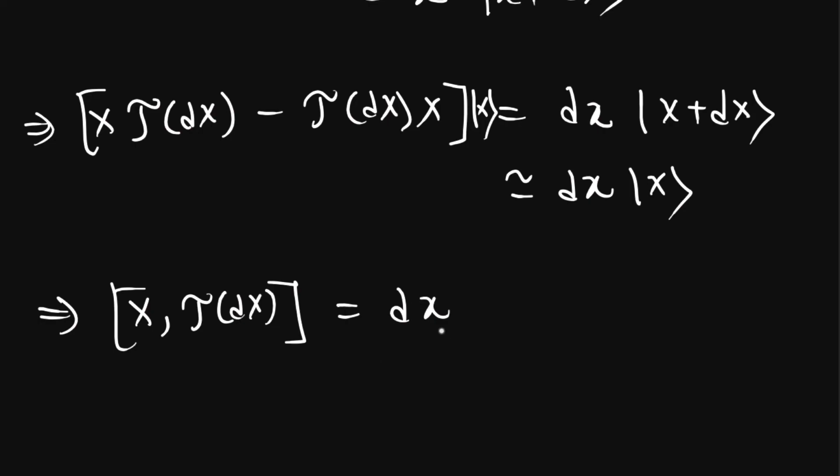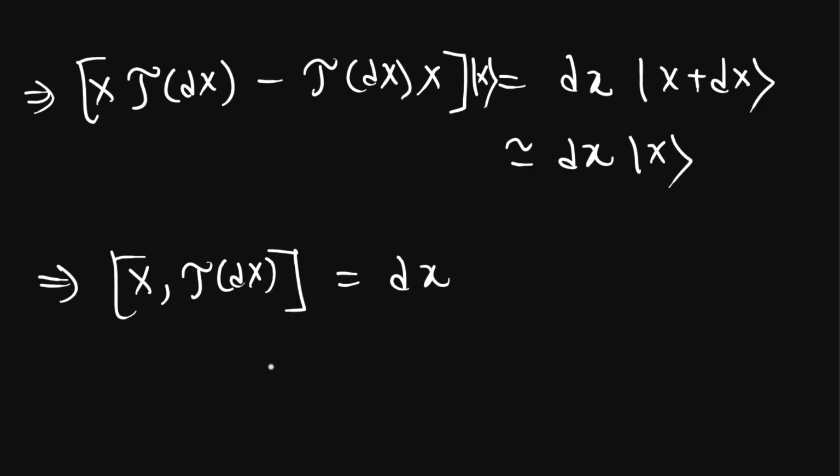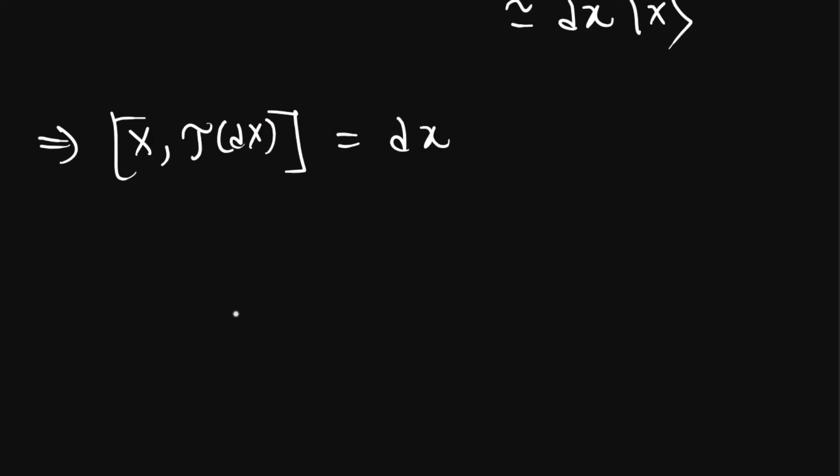Now from this commutation relation, let us derive the commutation relation between x and the momentum, generated by the infinitesimal translation generator operator k.